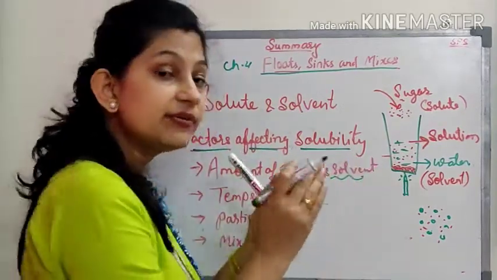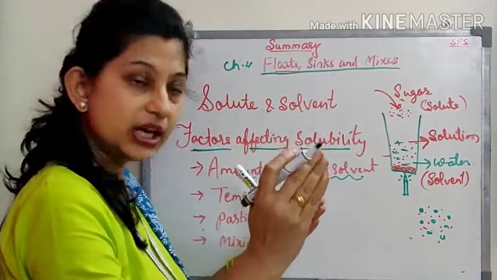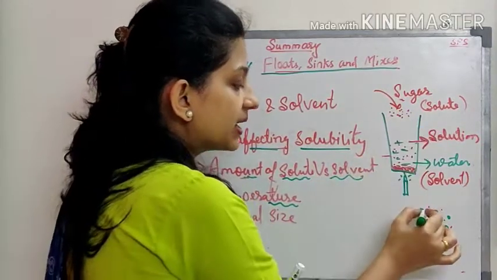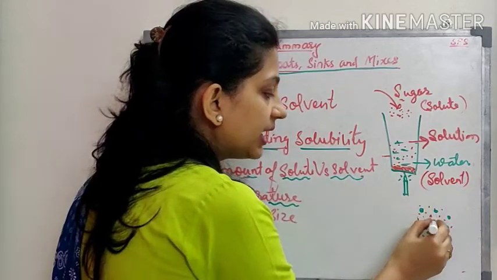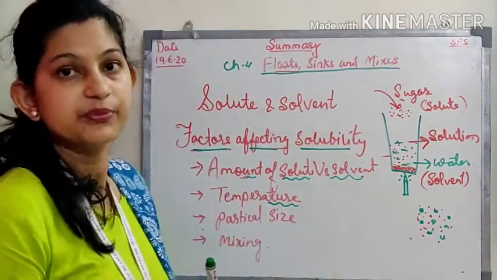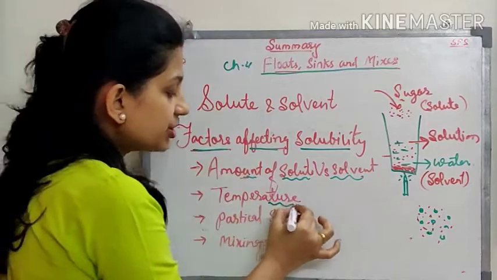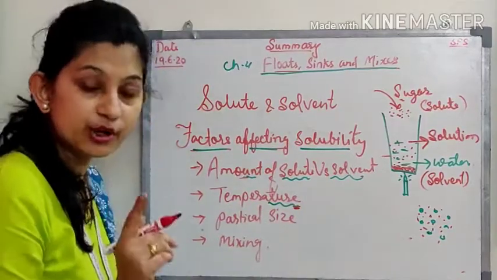So it will create more space. These sugar particles will get more space, and it will allow them to get dissolved. So temperature is also one of the most important factors.